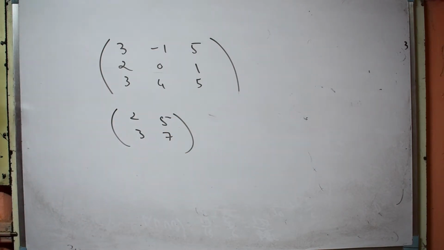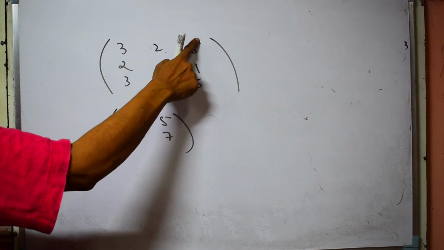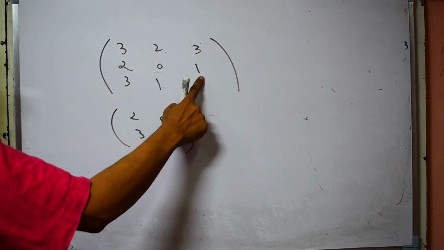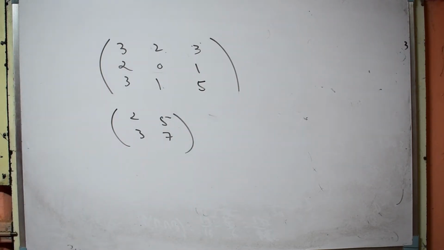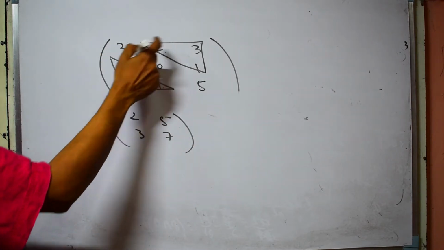Now in both these cases we can have one situation. If I have 2 here, 3 here and 1 here, and whatever it is, 5, then one thing we are finding, this upper triangular portion and lower triangular portion, these 2 portions are same.